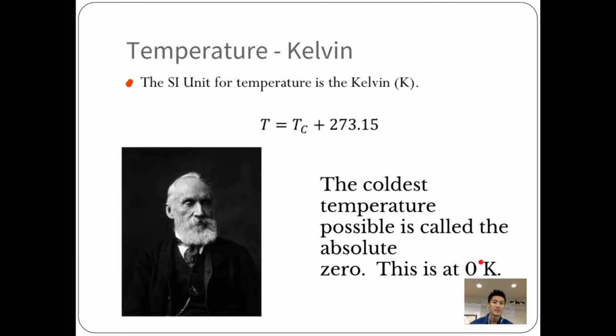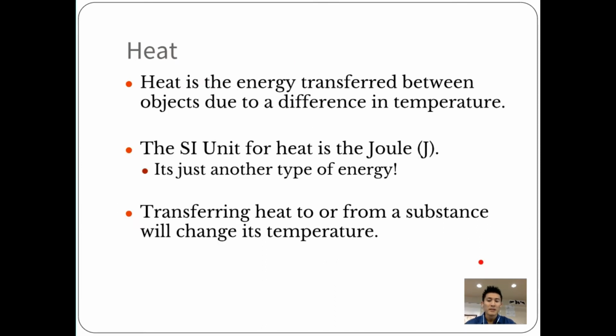Of course, the universe is a little bit above 0 Kelvin, and it's physically impossible to get to 0 Kelvin, although we are able to get objects pretty close nowadays with our technology.